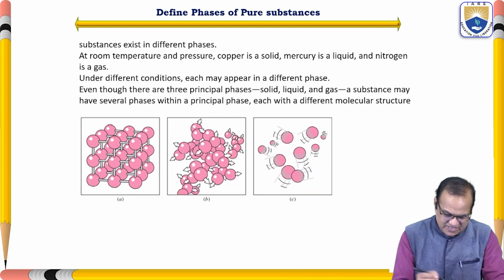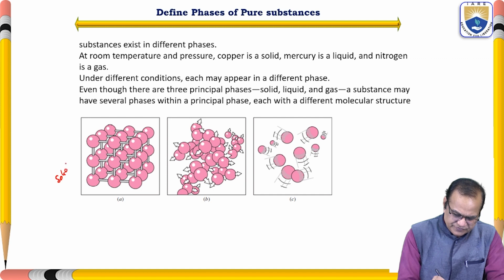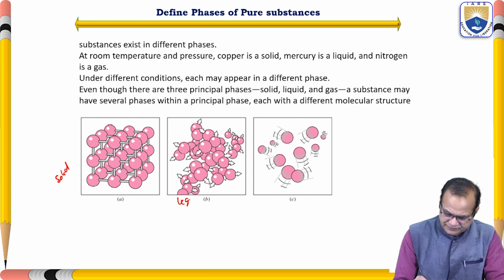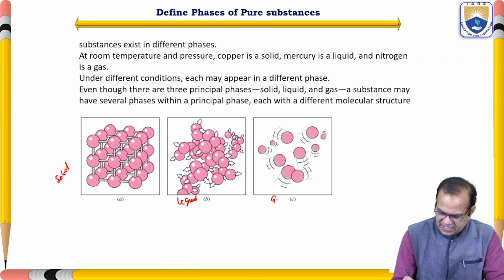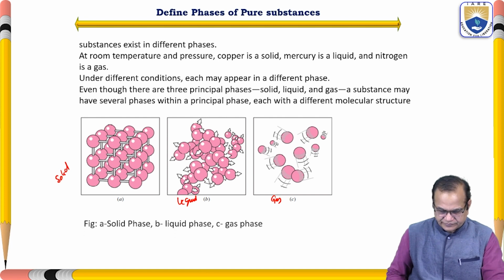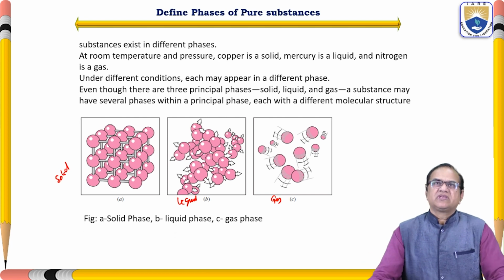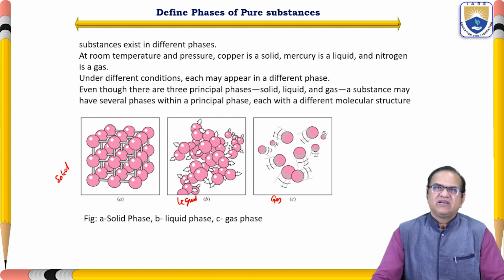So here we can see this is the solid, this is the liquid and this is the gas. At room temperature, copper is solid and mercury is liquid and then nitrogen is gas. Under different conditions, each may appear in a different phase.